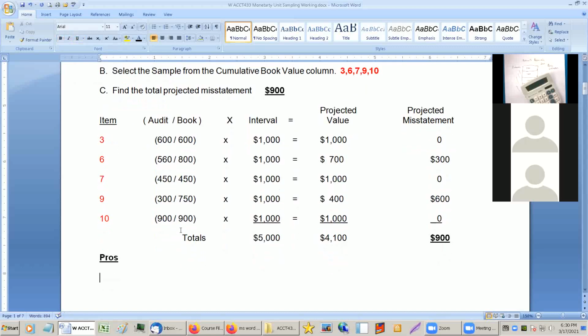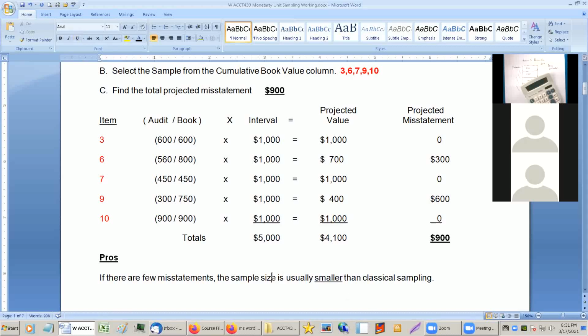First of all, a lot of times, if there are a few misstatements, the sample size is usually smaller than classical sampling for the same amount of confidence you'll have in it.